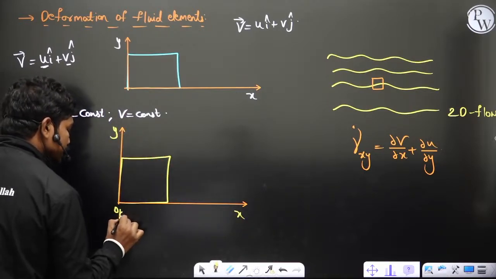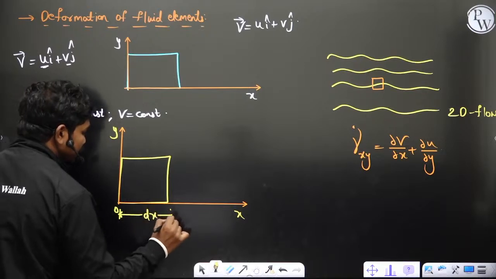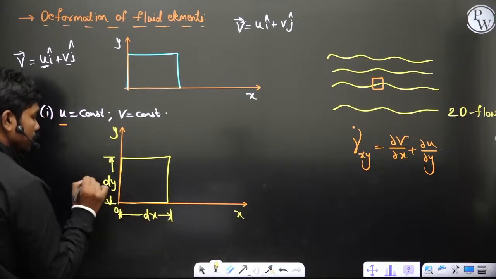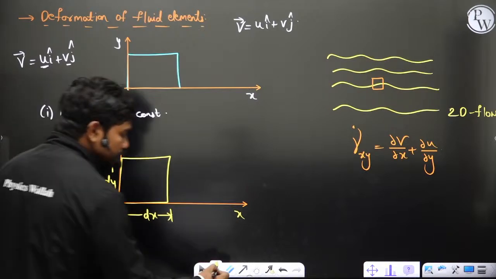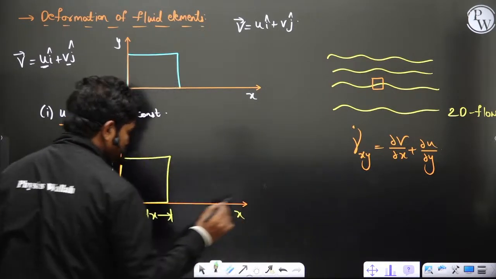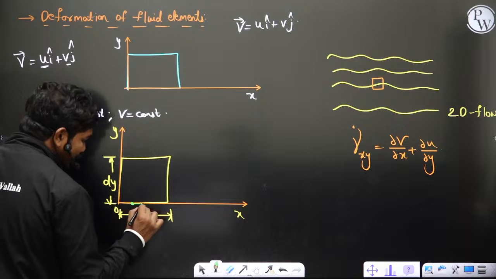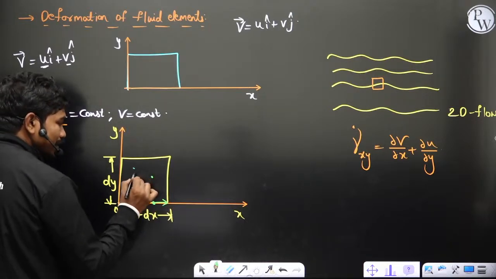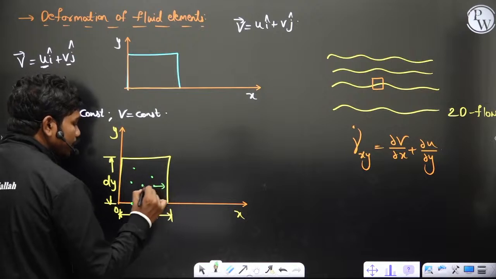Let us say this element has size dx and this side is dy. Now, if u is constant, it's not depending on x or y. Whatever is the velocity of this particle in the x direction, the same will be the velocity of this particle also in the x direction. Same will be the velocity of any particle in the x direction.